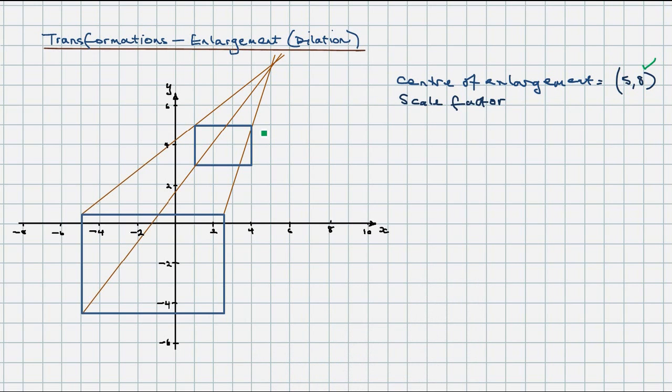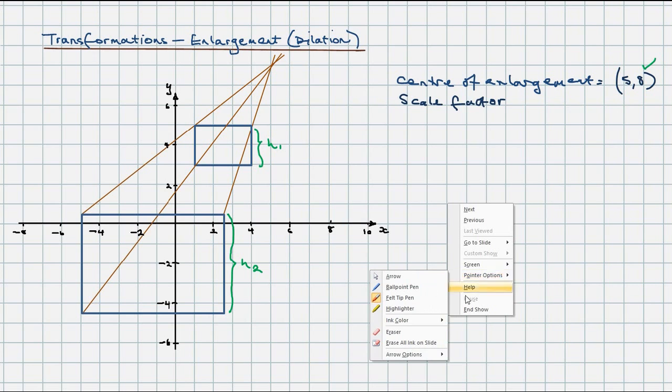So this side, let's call it the height, H1, is where we end up after we have carried out an enlargement on this object here. So this is H2. Let's write that down.